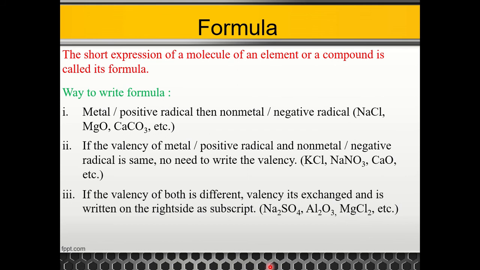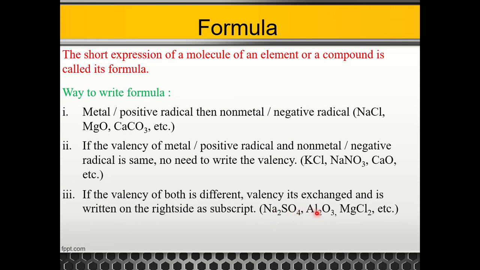If the valencies of the two are different, the valencies are exchanged and written on the right side as subscripts. Like sodium sulfate, the valency of sodium is 1 and sulfate is 2. So the 2 is written as the subscript of sodium on the right side, but 1 is no need to write.